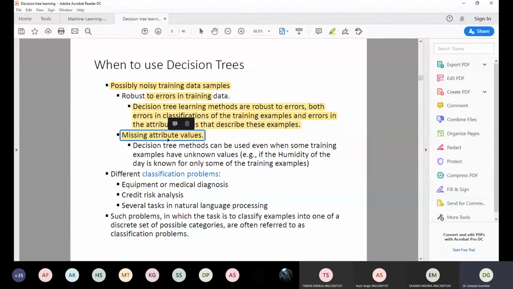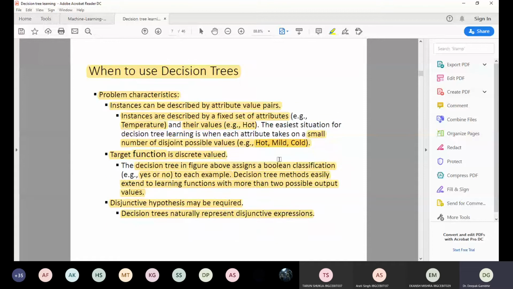In the case of missing attribute values, decision tree methods can even use some training examples having unknown values. For example, the humidity of the day is known for only some of the training examples.